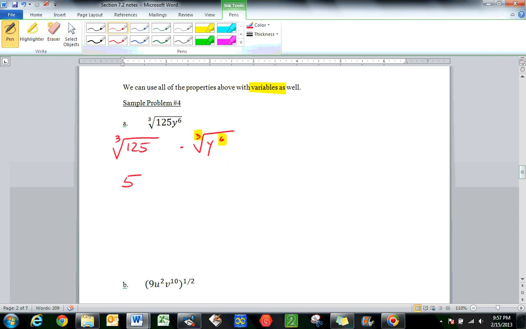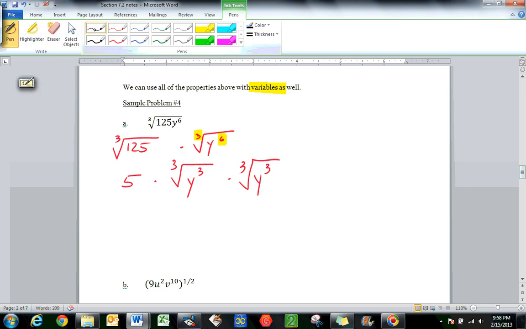and we just need to be able to find it. And so in this particular case, I'm going to break the y up to a little bit smaller pieces, and of course I want it to be able to cancel out with my root. And so in this case, I'm going to have y to the 3rd, and then if I take y to the 6 and I break it up and I have y to the 3rd, then what I technically have left over is y to the 3rd again.